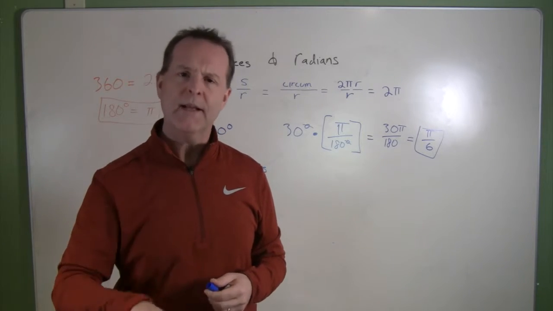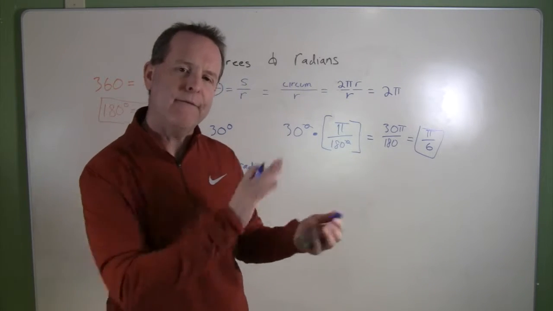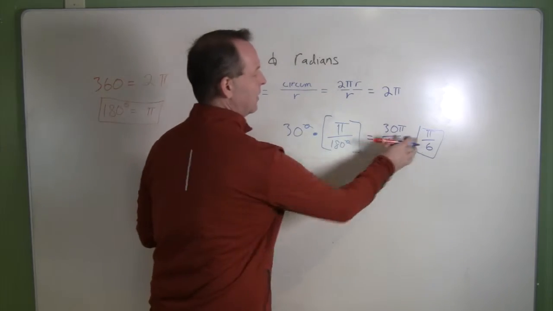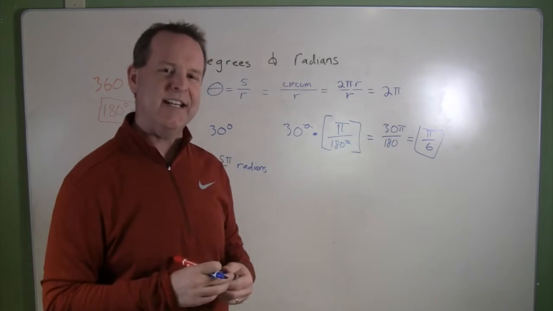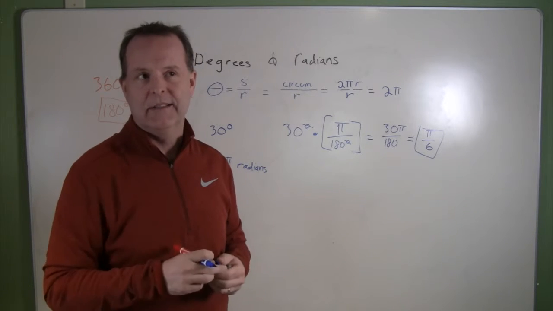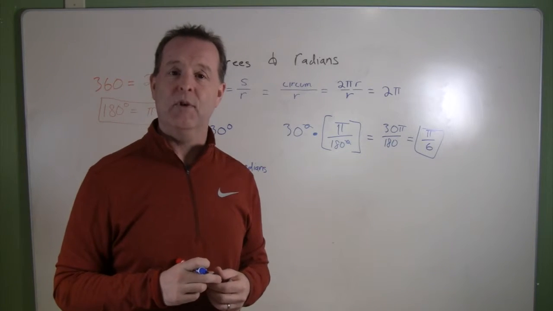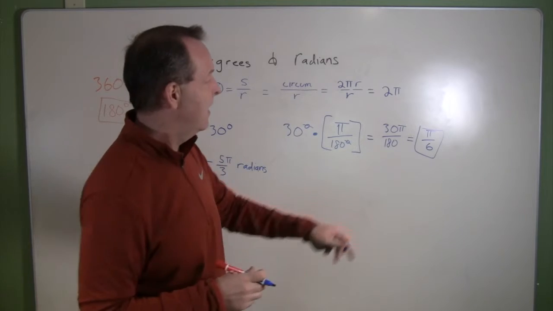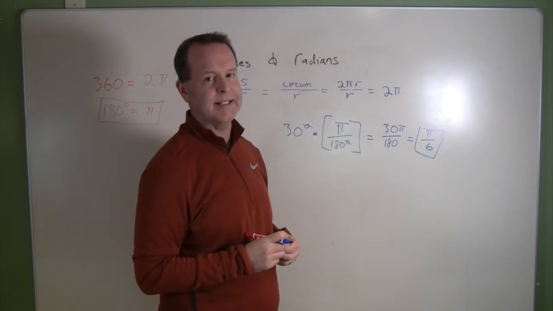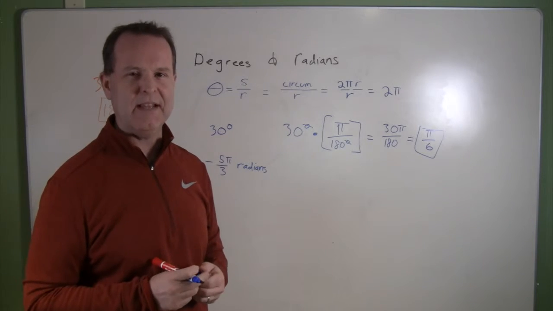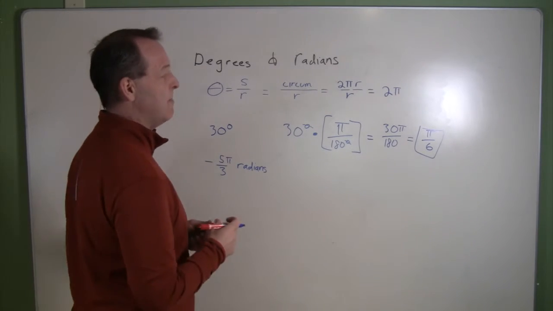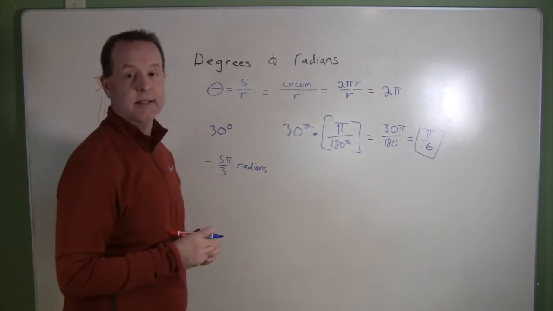So I encourage you, it's all right to just leave it in its pi form. Resist the urge to get a decimal answer, because it's not really an exact answer. It's an approximation, as opposed to this, which is an exact answer. That's going to be one of the hard things for us to get used to: leaving things in radian measures that just have a pi on them.